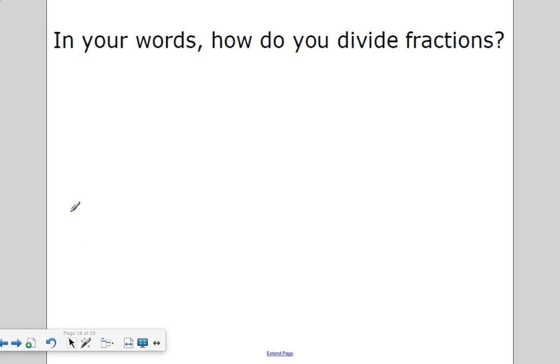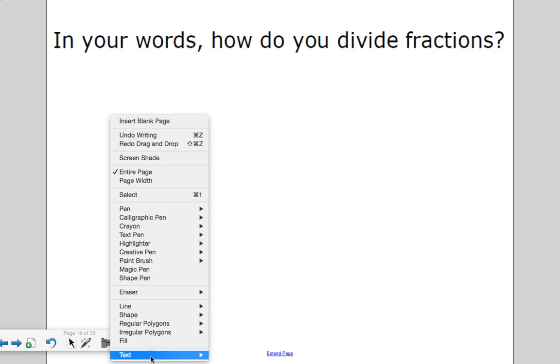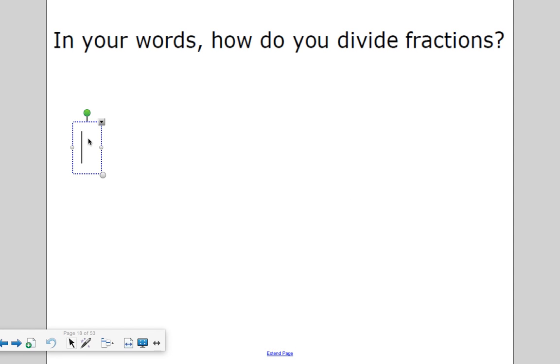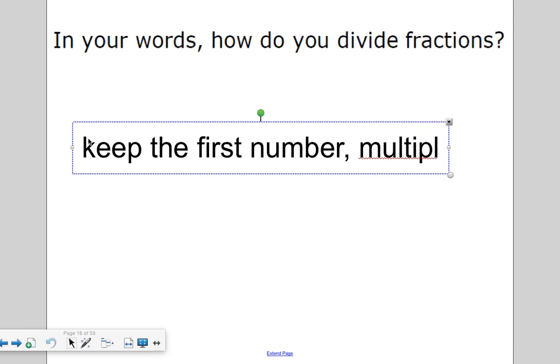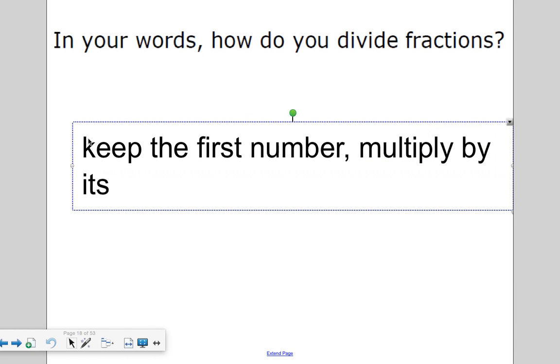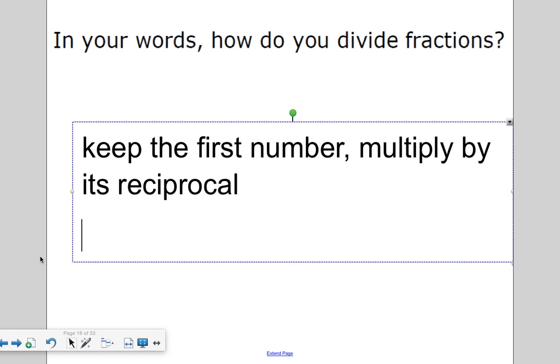So in your own words, how do you divide? So I keep the first number, then I multiply by its reciprocal. So if you had 1/4 divided by, I don't know, 1/8.